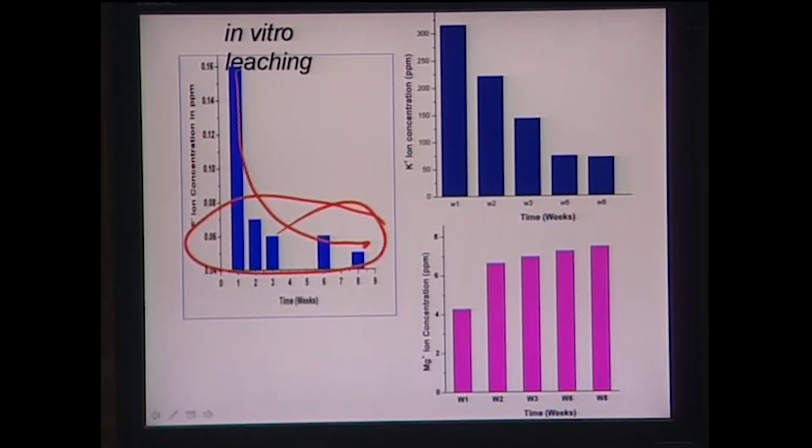As far as the potassium and magnesium ion concentrations are concerned, potassium shows a systematically decreasing value if you go from week 1 to week 8, and similarly magnesium ion concentration shows a more or less systematically increasing value as you go from W1 to W8. What it means is that magnesium concentration is increasing, or magnesium is more leached into the solution, whereas potassium concentration goes on decreasing with more leaching time in the solution.